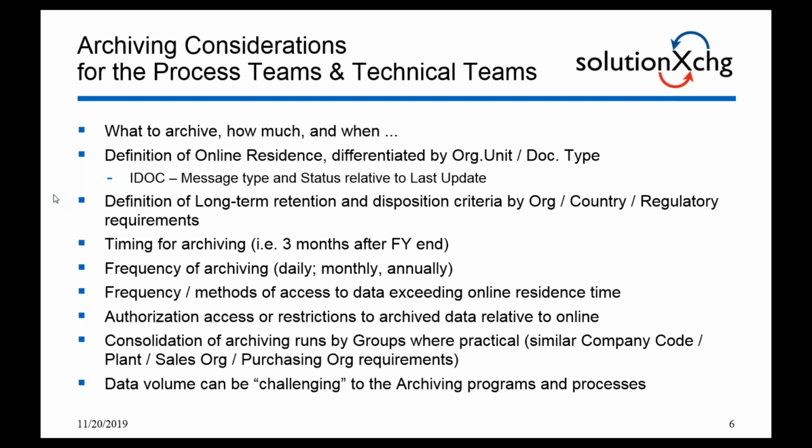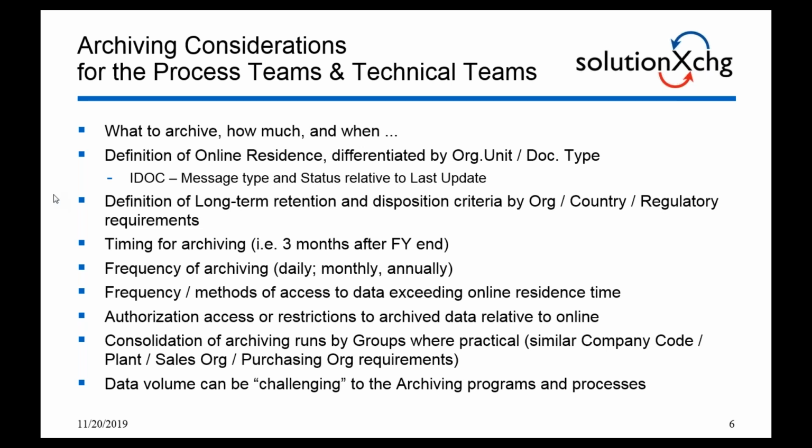Authorization access or restrictions to archive data relative to online. Typically the authorization model is the same within the online database as the archive. So if you can't view particular data for, let's say, a certain company code, when it gets archived you would have the same definition there.